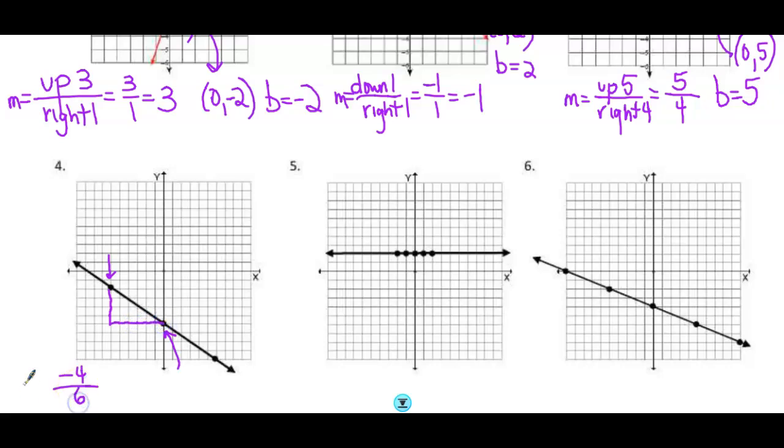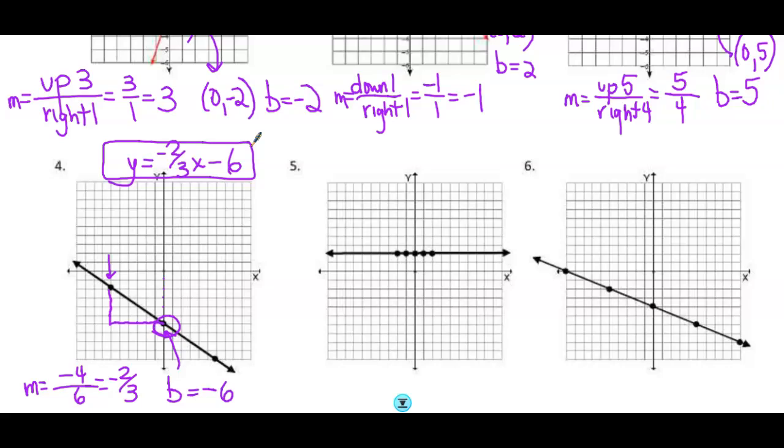Right 6 is +6. And that simplifies to be -2/3. The b in this case is the point where the line crosses the y-axis. So we're going to count down. 1, 2, 3, 4, 5, 6. That's a -6. So this equation would be y equals -2/3 x minus 6.